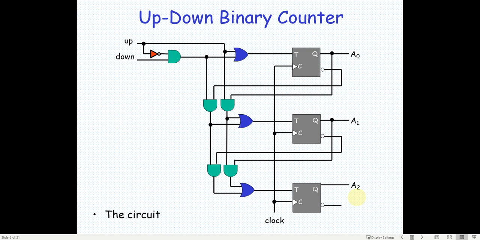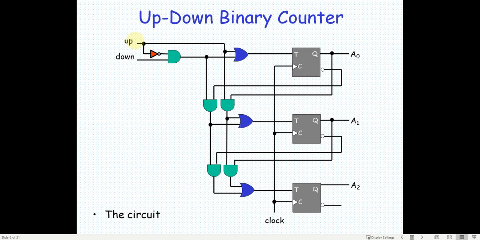So it's the same counter. You have a control of an up or down control you can have, right? You can have a single line also, up. Up means up, 0 means down. So you can remove this AND gate and you can leave this down also. You can have a single control line also.